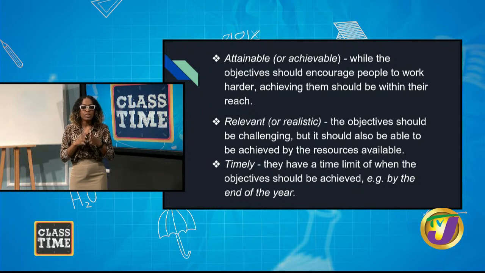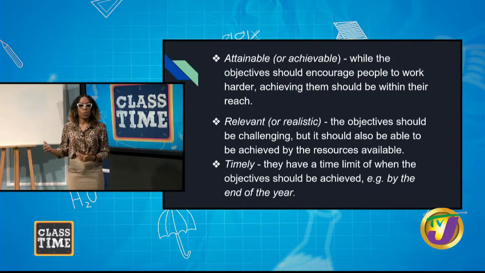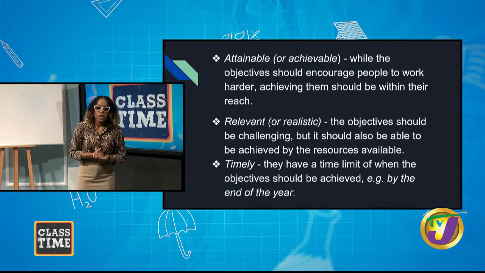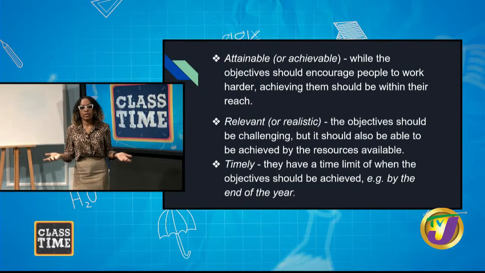So you must put a time frame on when you want to achieve a particular goal or objective. Time bound, for example, means you want to achieve it by the end of the financial year, by the end of 2 years, or even by the end of a month, depending on your objectives, all right?